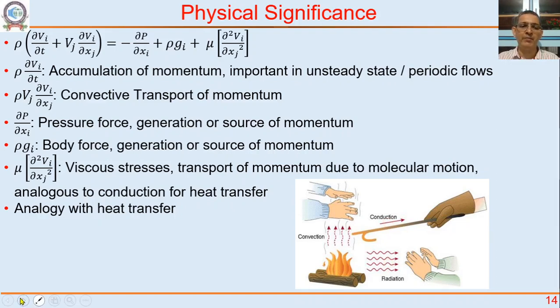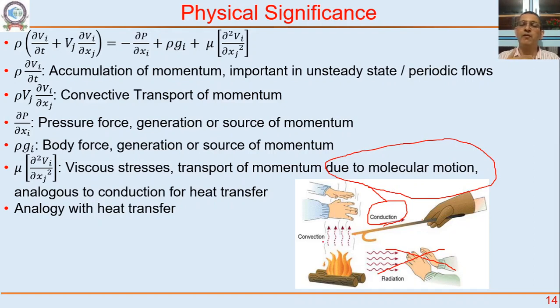Now for momentum transfer there is no equivalent radiation, so let's leave that out right now. Conduction is because of molecular motion. Molecules of this rod are vibrating, heating each other, transferring thermal energy, and finally that thermal energy is transferred from one end to the other end because of temperature gradient. So it is because of molecular motions.